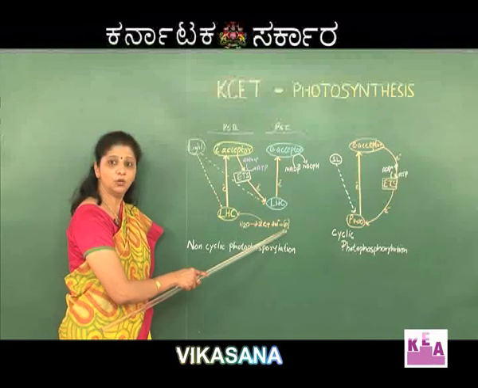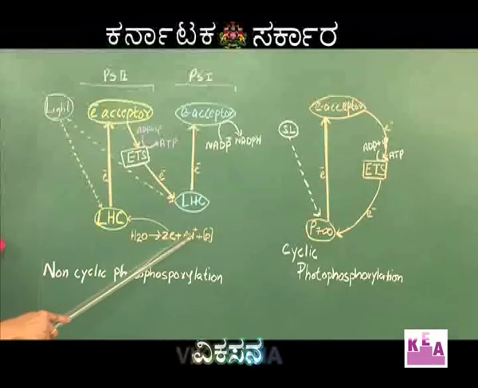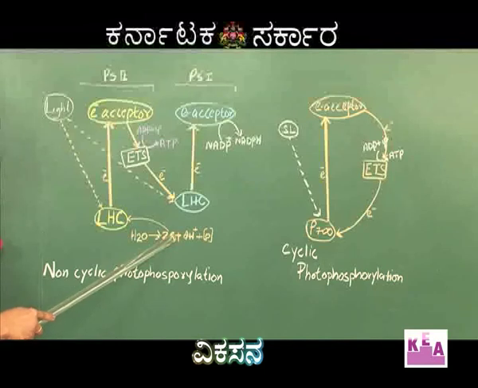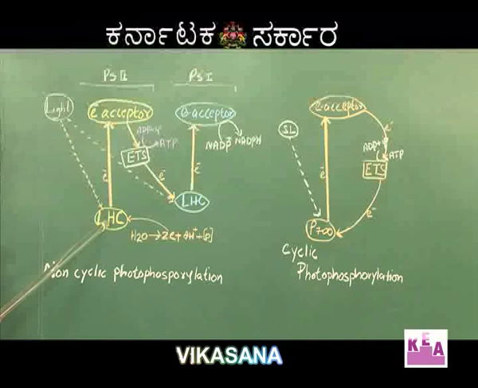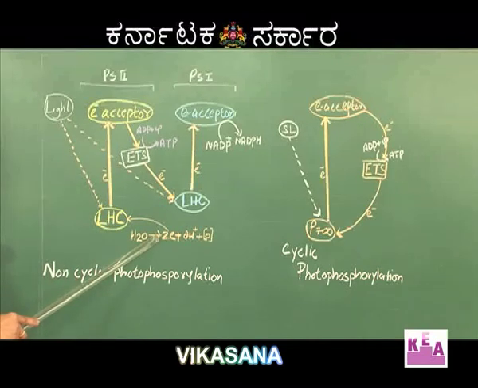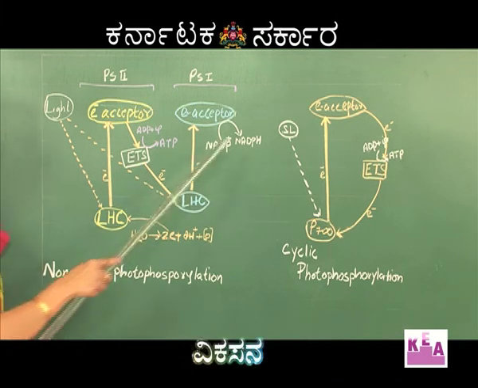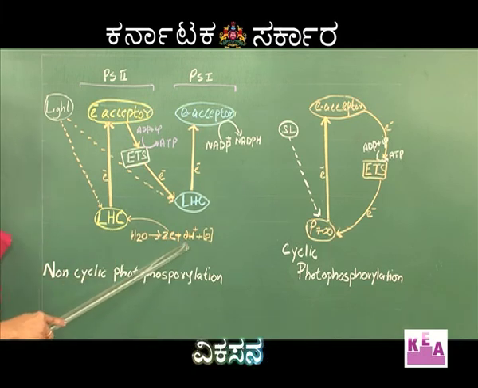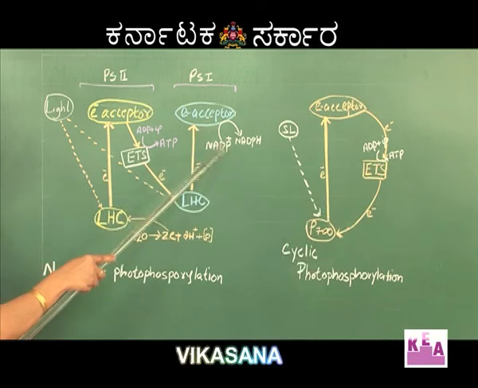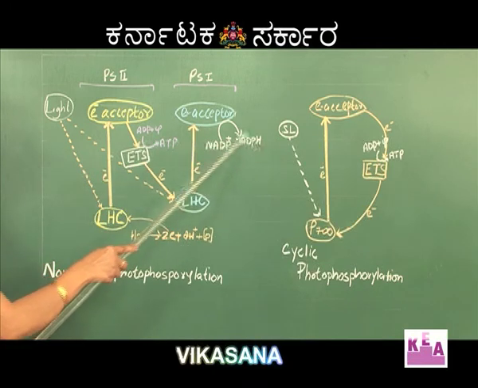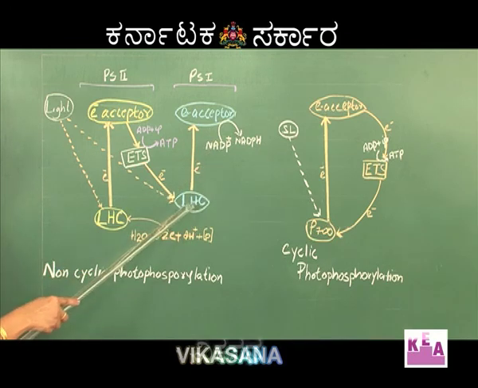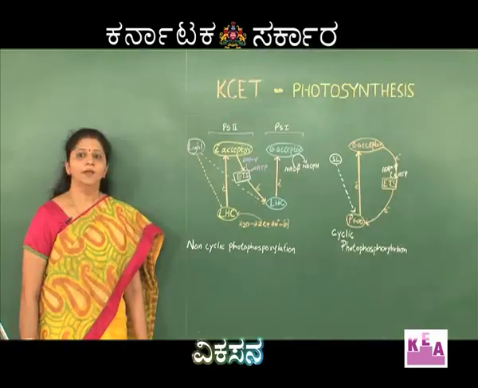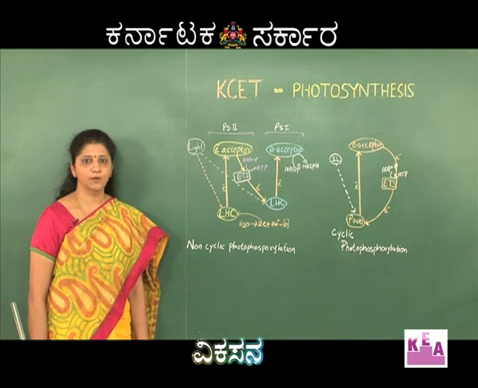The electrons produced by this photolysis of water will move to PS2 and the electron gap of PS2 will be filled by them. And the H plus ions produced here will be utilized for the production of NADPH from NADP with the help of PS1.